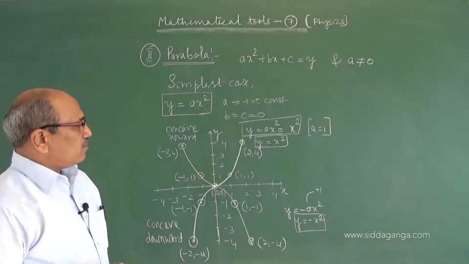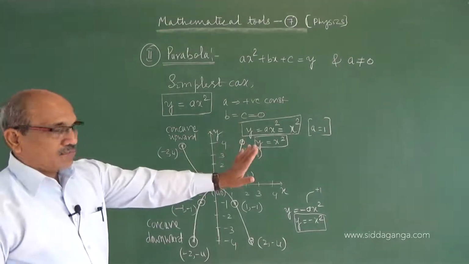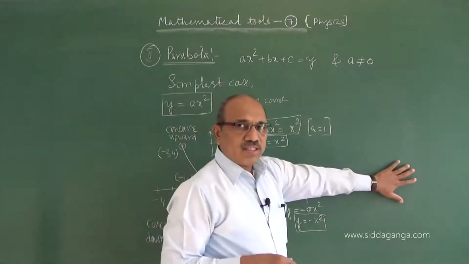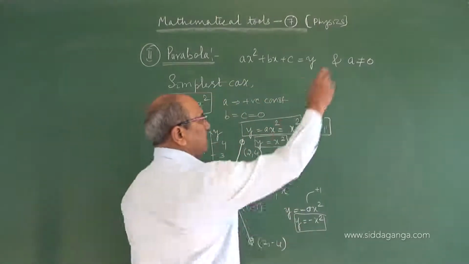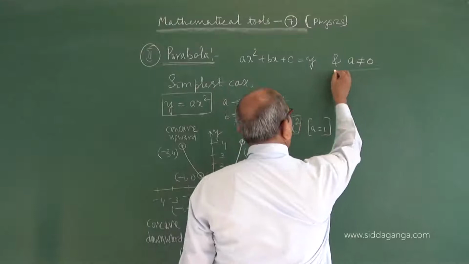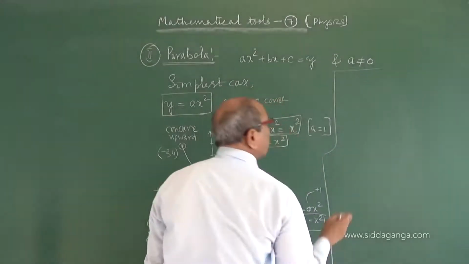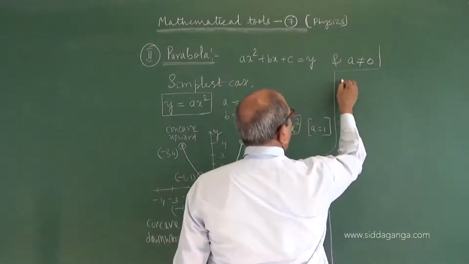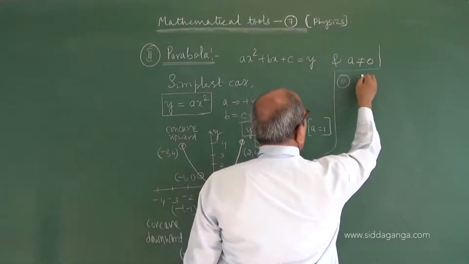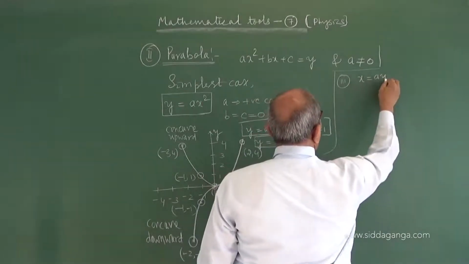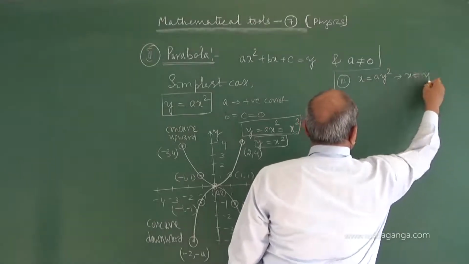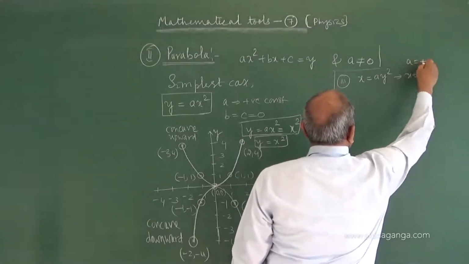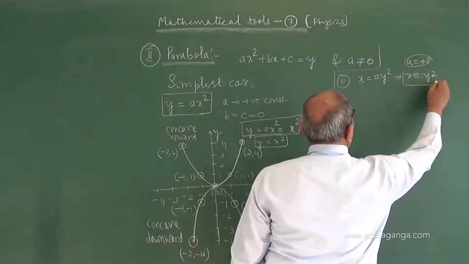Let us see what happens in another curve. Here itself I will try, because the space is available. I will show the other two curves reversing this. Let us take the third case: x is equal to ay squared, or x equal to y squared, taking a equal to plus 1, a positive integer.